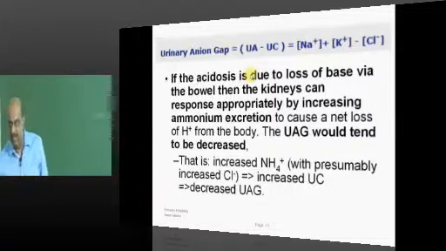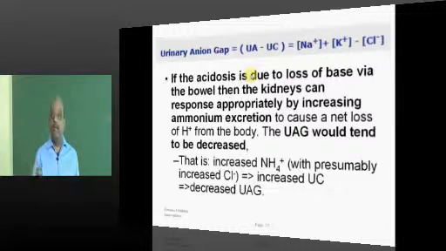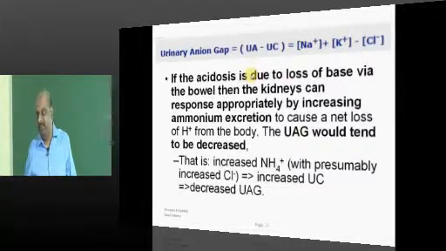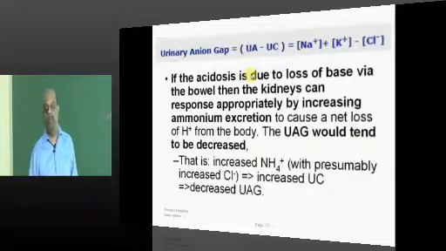In the gut, okay, in the gut. But if it is renal tubular acidosis, it won't be affected. It remains the same because kidney lost the ability to secrete NH4 plus.